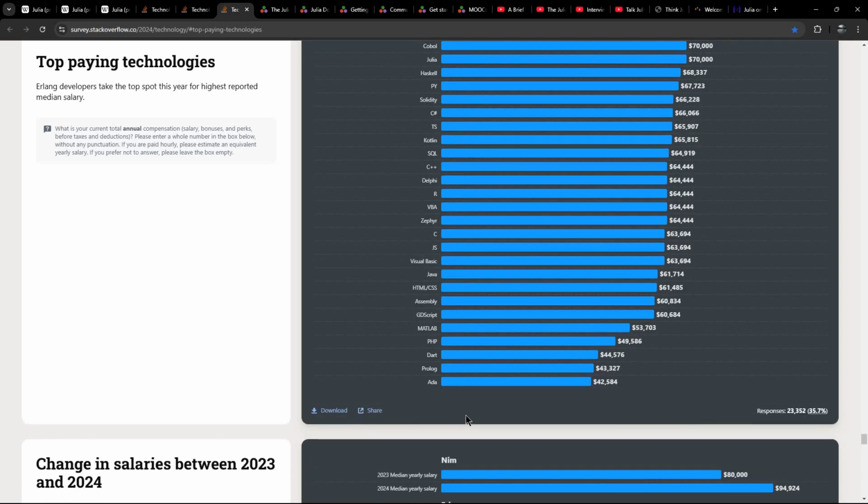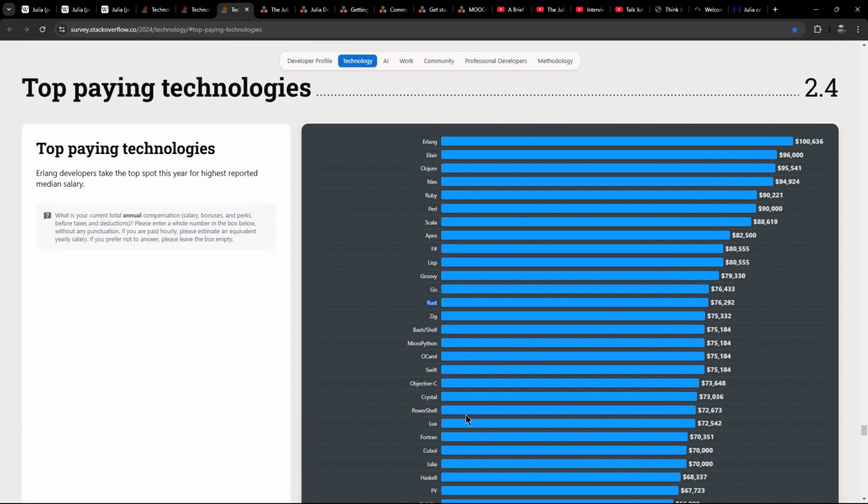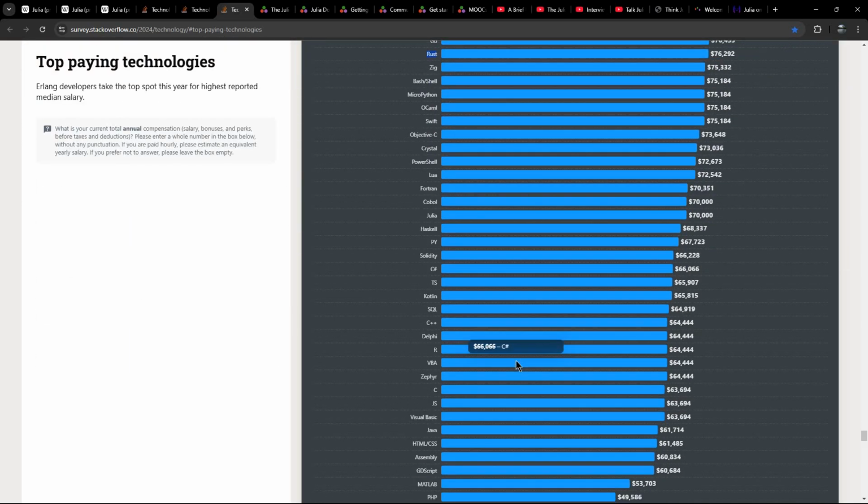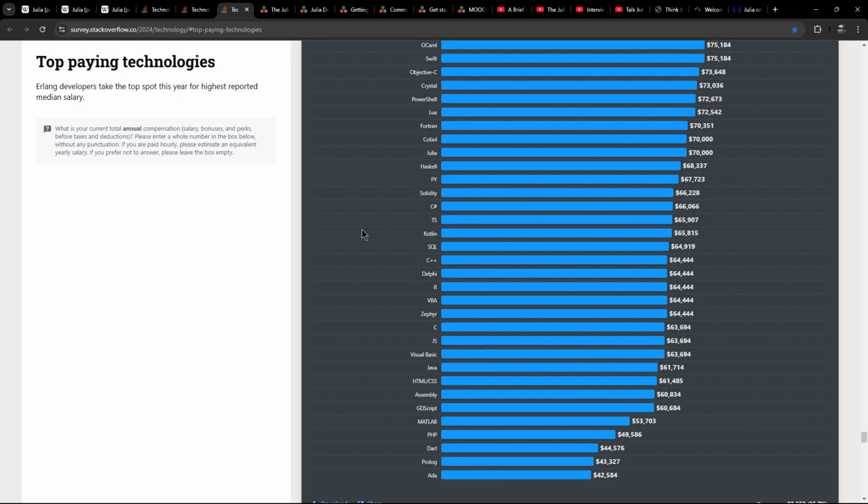And yeah, you can see actually how this chart works, because it's top paying. Like I said, it's like supply and demand. So you often find a lot of the super popular languages that everybody learns are down the bottom here in terms of compensation, because there's loads of people that know the language.